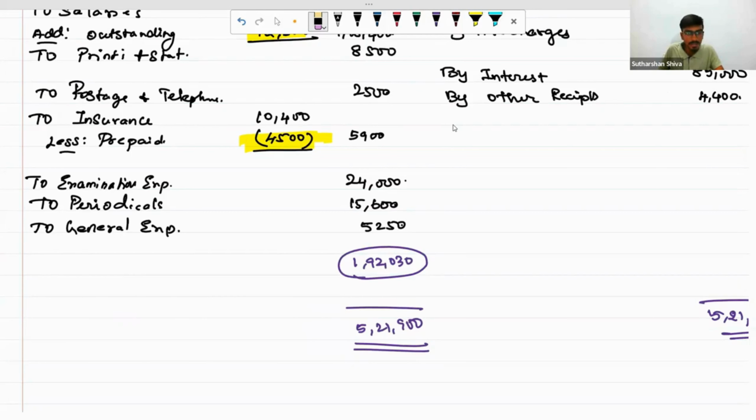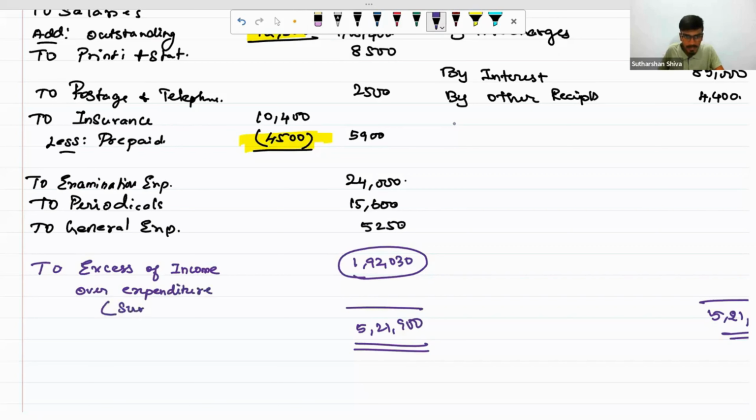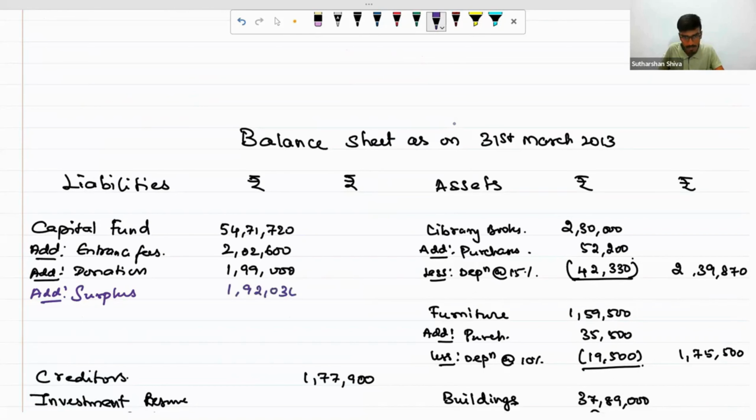Next, here we will write in brackets. First, it's an important point, kindly note down. We will write excess of income over expenditure, and then in brackets we will write surplus. Don't write surplus directly. If it is a surplus, we will add surplus, that is 1,92,030.